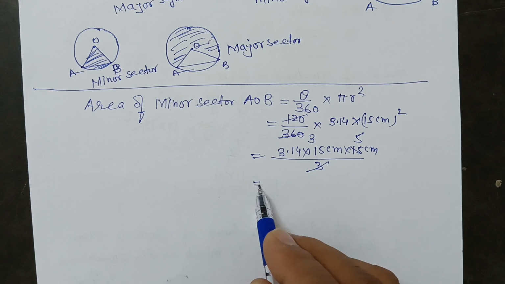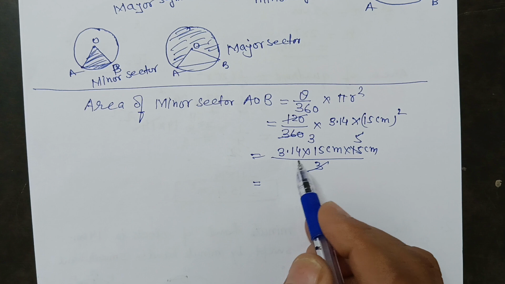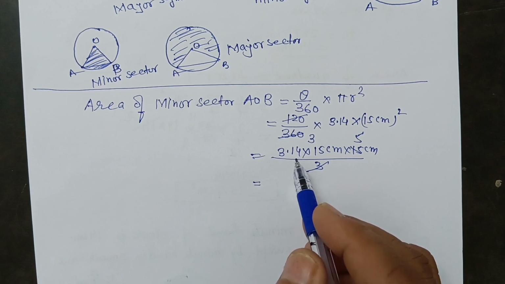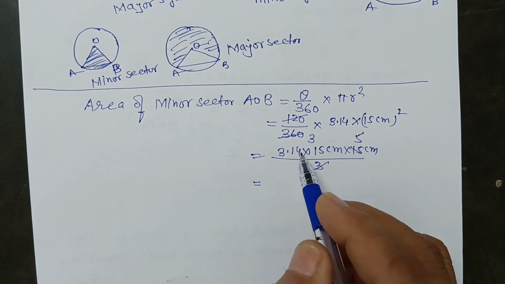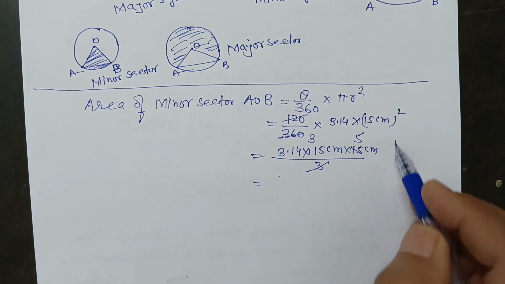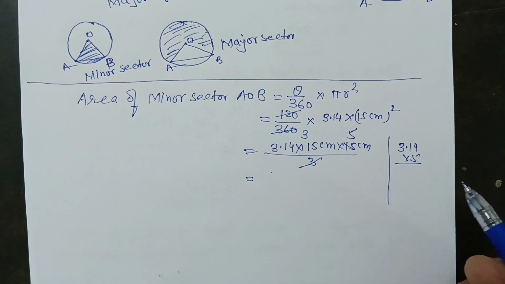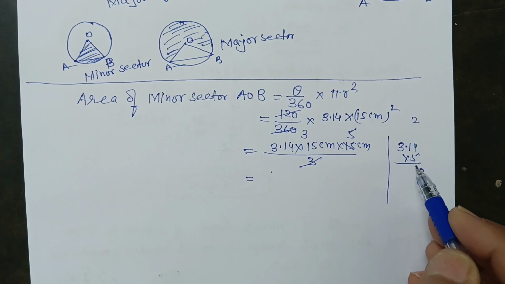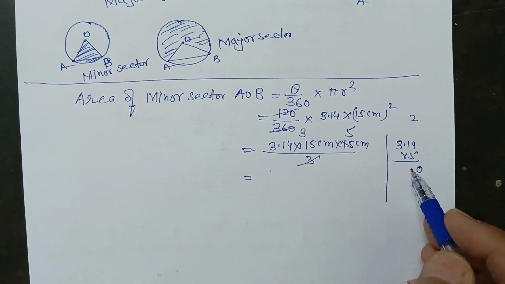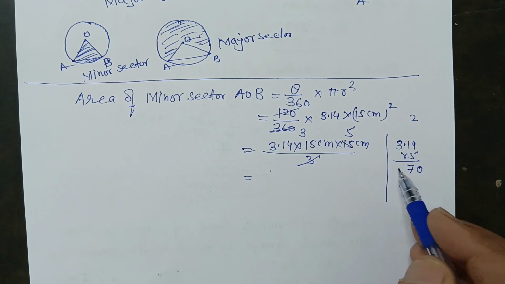Now multiply these figures, or you can keep your answer in terms of pi, but the better option is to multiply. First multiply 3.14 by 5. 5 4s are 20, carry 2. 5 1s are 5, 5 plus 2 is 7. 5 3s are 15. Decimal after 2 places.